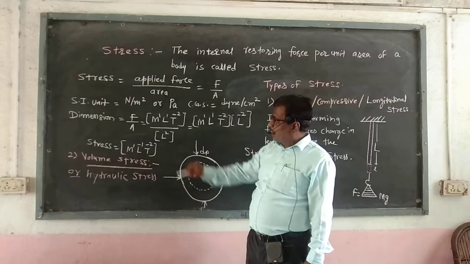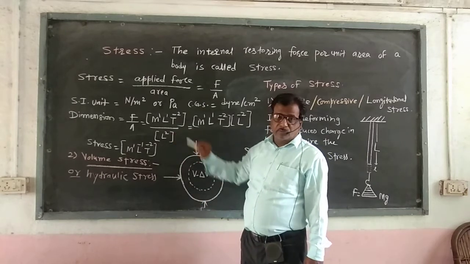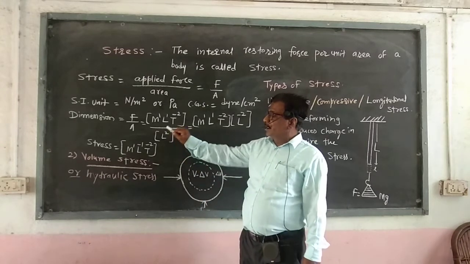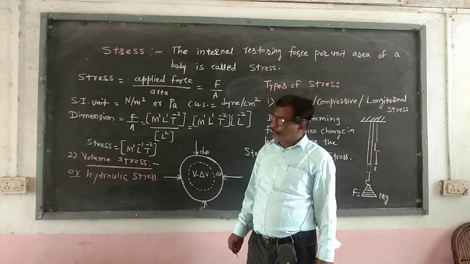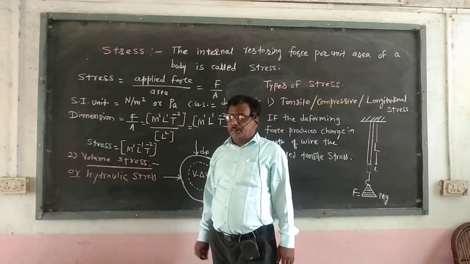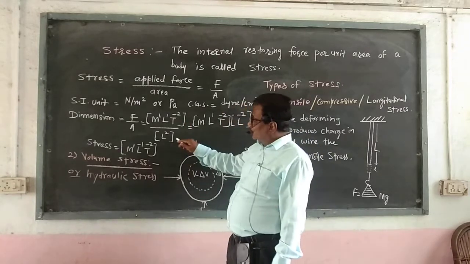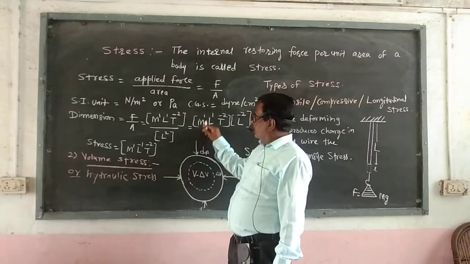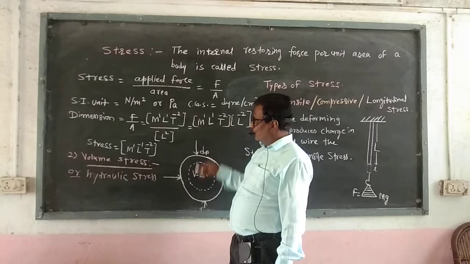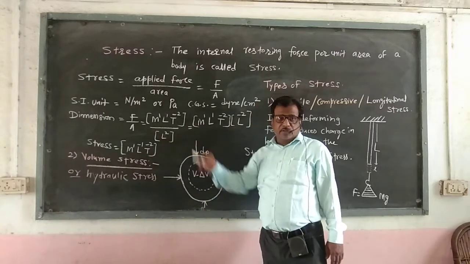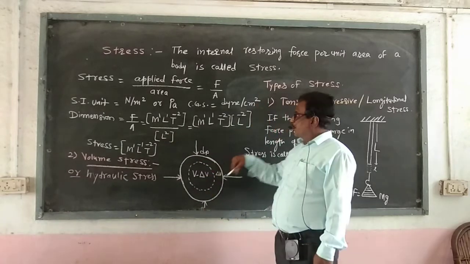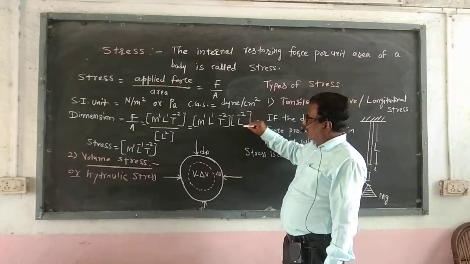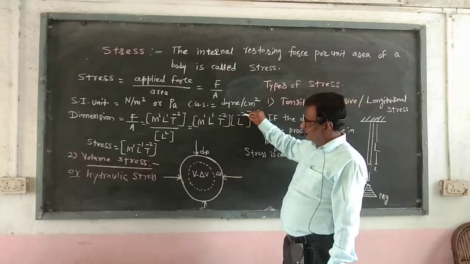Dimension of area is equal to length into breadth, so L raised to power 2. When we find out dimensions, we shift this term into numerator, and it becomes L raised to power minus 2.